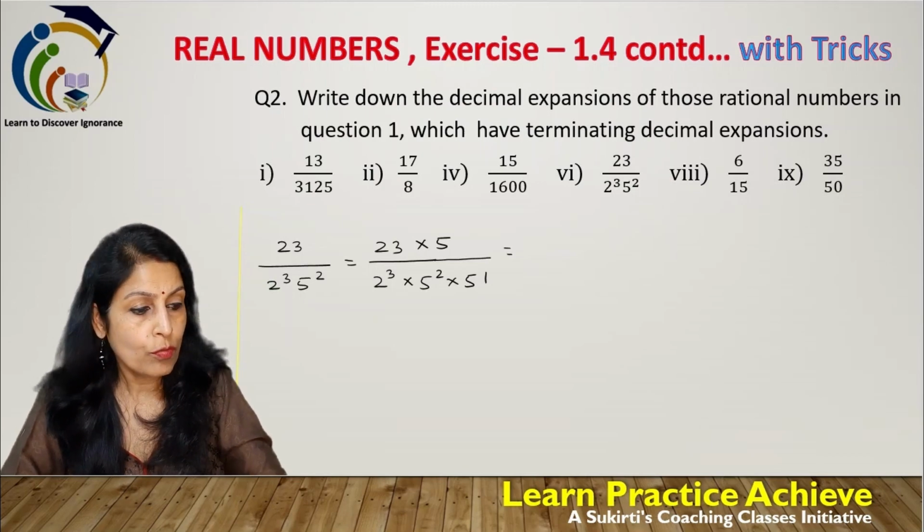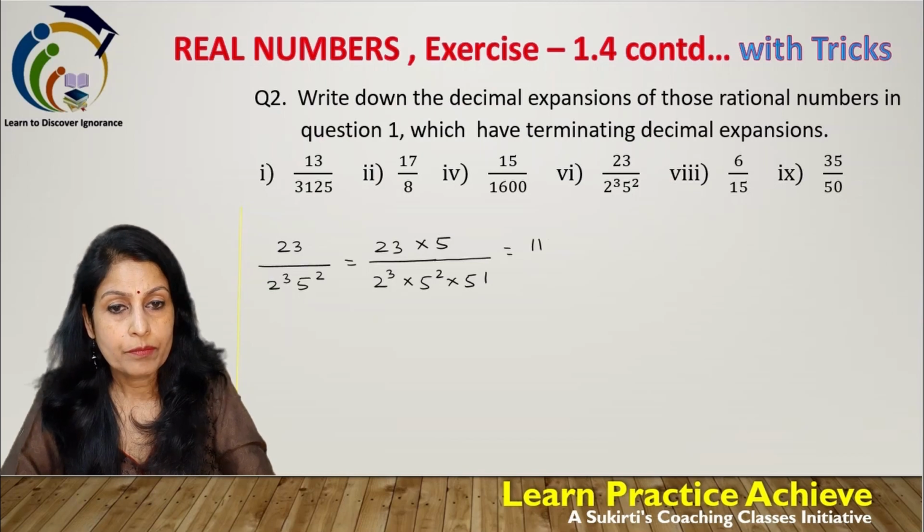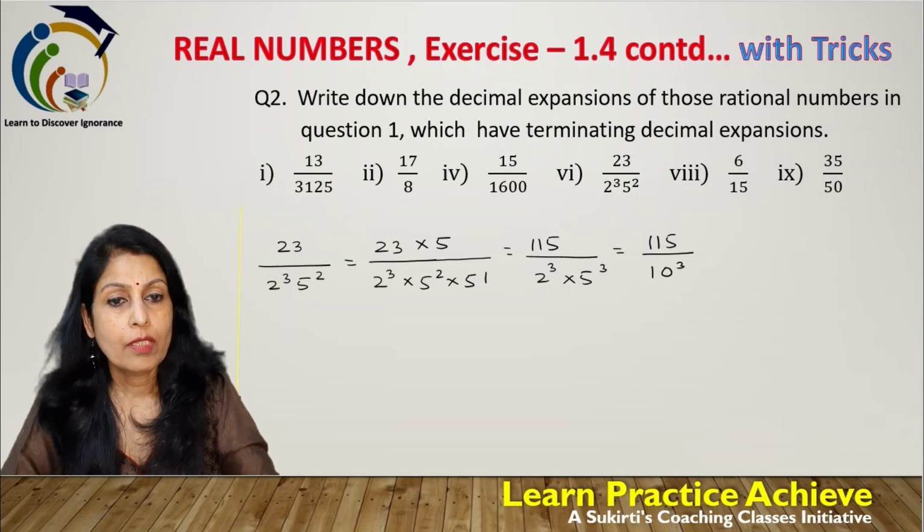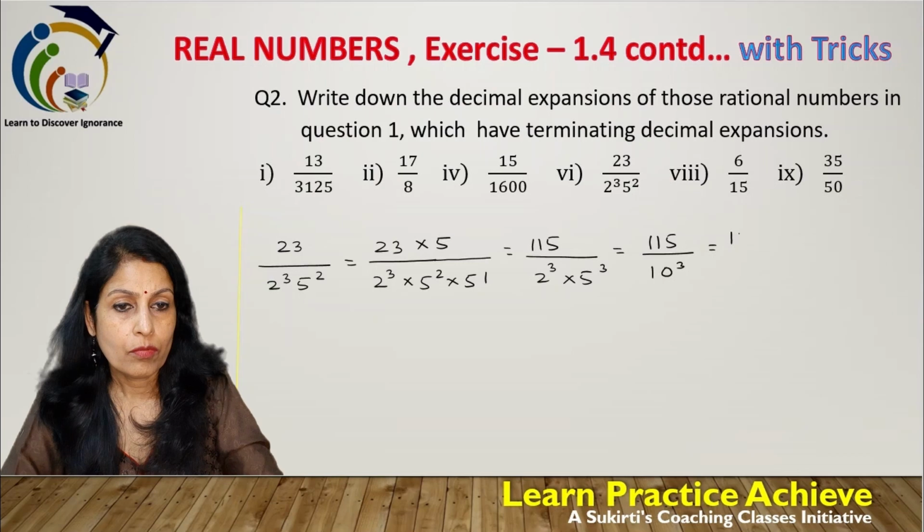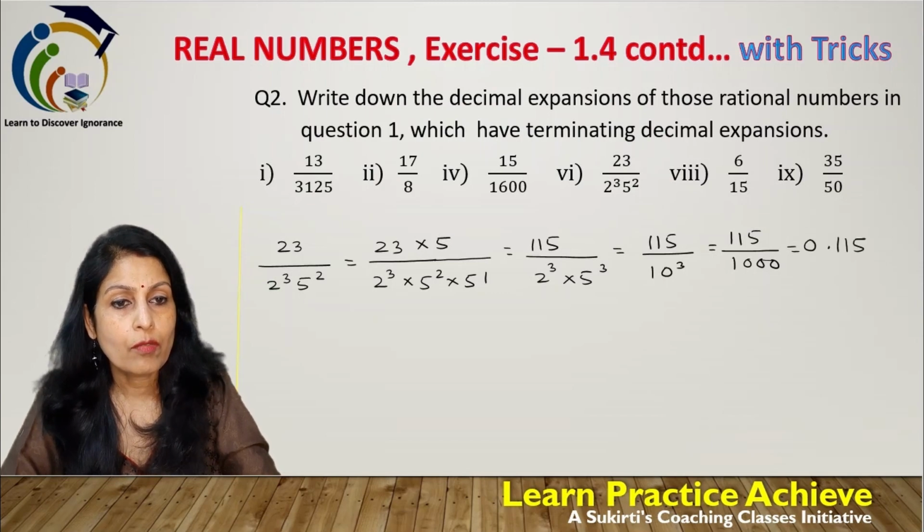So this is equal to 115, and this will change into 2 to the power 3 into 5 to the power 3. This is equal to 115 upon 10 to the power 3, and 115 upon 1000. Now this can be written as 0.115.